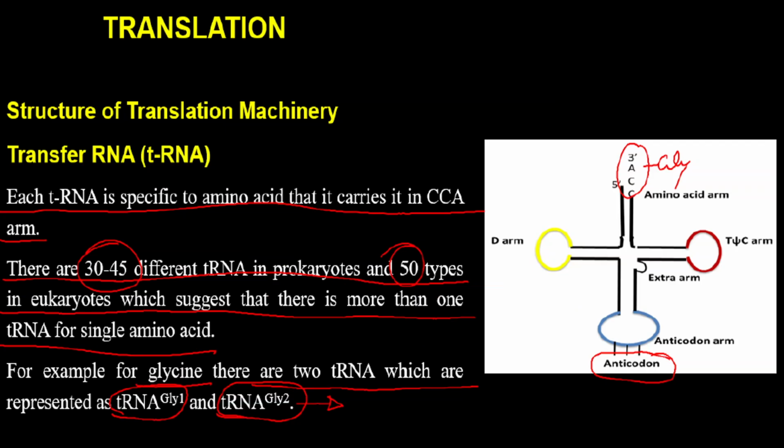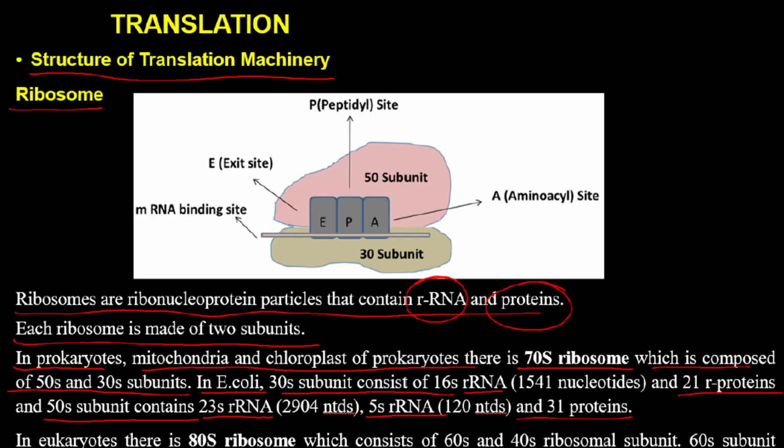And there are 30 to 45 different types of tRNA in prokaryotes and 50 types in eukaryotes, which suggests that there is more than one tRNA for a single amino acid. For example, for glycine, there are two tRNAs which are represented as tRNA glycine 1 and tRNA glycine 2.